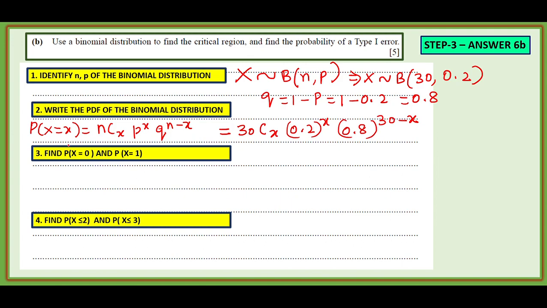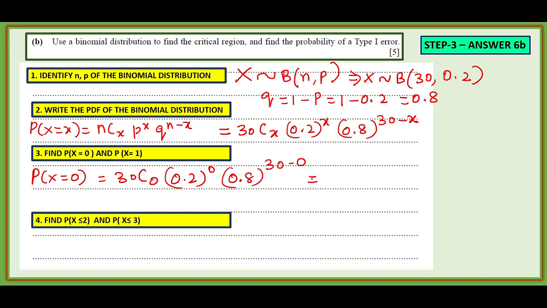Then we have to find probability of x is equal to 0. We will start from x equal to 0, x equal to 1 and see which are the values for the probability is less than or greater than the significance level, the critical values. So find probability of x is equal to 0, which is 30C0. In the place of x, we will replace 0, 0.2 raised to 0 and 0.8 raised to 30 minus 0.